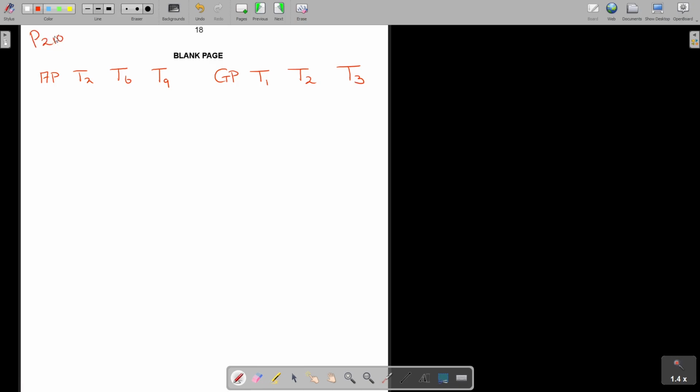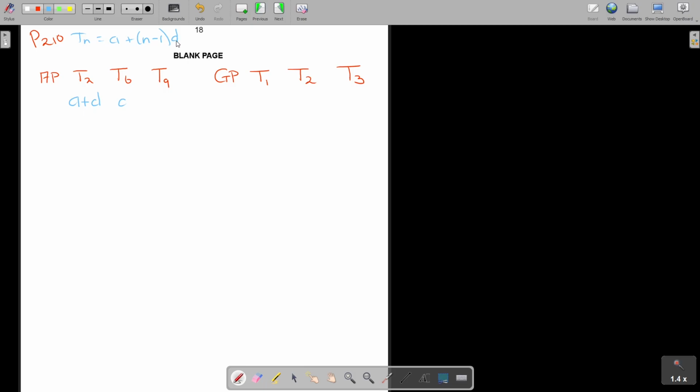Okay, so write it in terms of: the first term of an AP is A, then A plus D. So the second term will be A plus D. And the sixth term, because Tn equals A plus (n minus 1)D, that is the general formula.